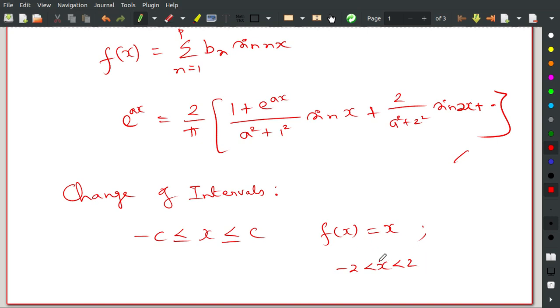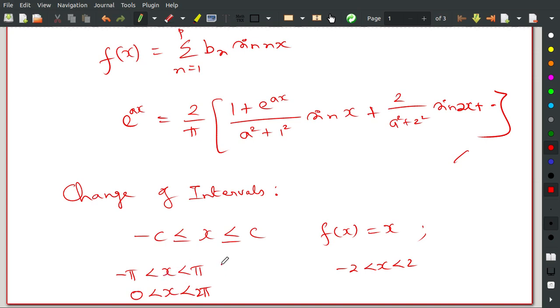In the previous section, we have seen how to find the Fourier series when they provide the full range series, that is minus pi less than x less than pi, or it can be from 0 to 2 pi. We know how to find the Fourier series for this one.